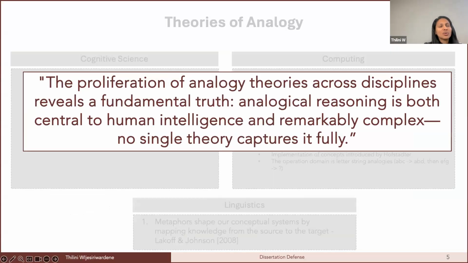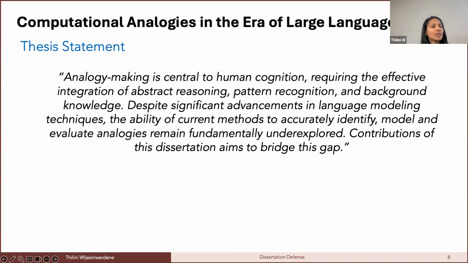So what I want to emphasize here is that this proliferation of analogy theories across different disciplines reveals a fundamental truth: analogical reasoning is both central to human intelligence and remarkably complex. No single theory captures it all. So this leads to my thesis statement. Analogy making is central to human cognition.